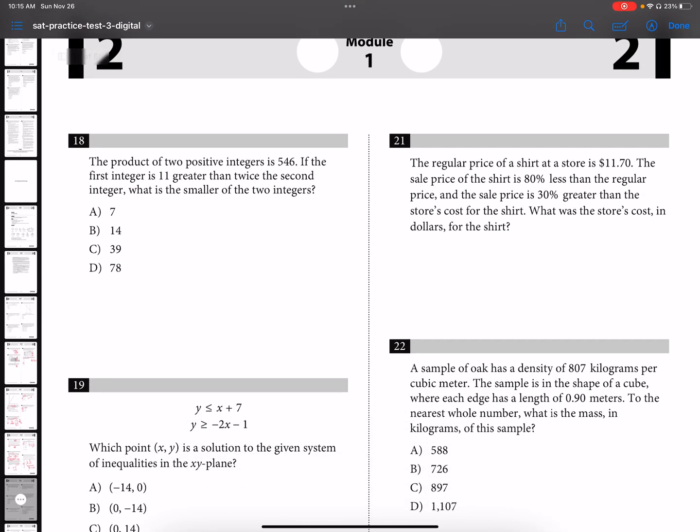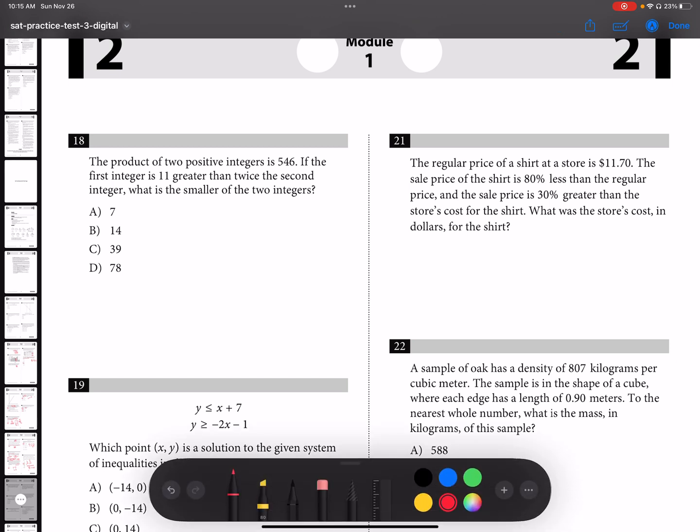Okay, 18. So for this one, the product of two integers is 546. If the first integer is 11 greater than twice the second integer, what is the smaller? So here I'm going to say that x is equal to 2y plus 11. And the product xy is equal to 546. So 2y plus 11 times y is equal to 546. 2y squared plus 11y is equal to 546.